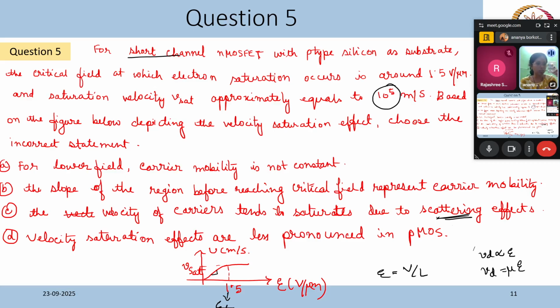I mean, maximum that. It cannot be much higher than this value. So what we were discussing in short channel MOSFET: in a short channel MOSFET, this condition may arise very quickly. In long channels, we are not bothered about this velocity saturation effect. Okay, so this is known as the velocity saturation effect.